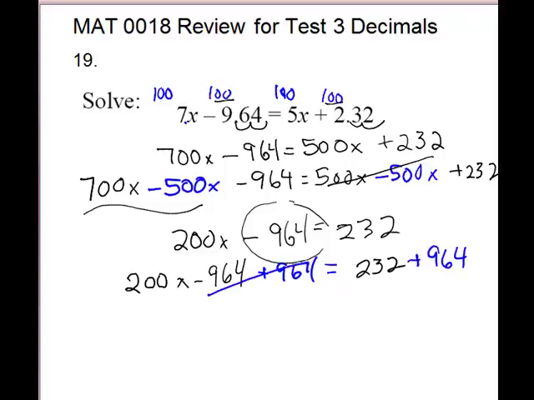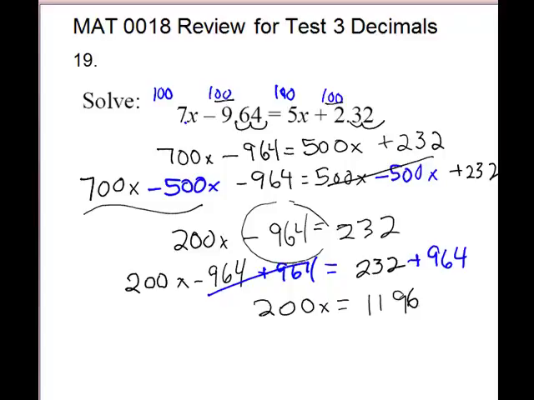Then we'll clean up. That one cancels. So we have 200x left on the left, and on the right, those are like signs, so they're going to add. So we're going to have a 6, a 9, and 9, 10, 11.